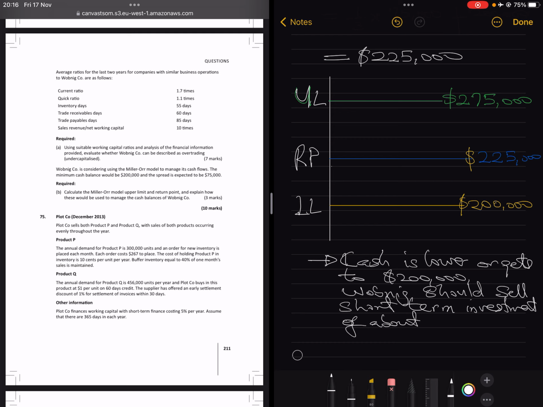If it gets to 200k, you need about 25,000 to get to the return point. So sell investments of about 25k to return to 225.